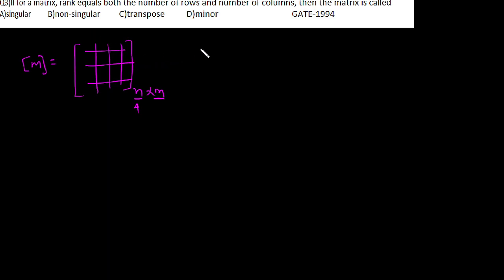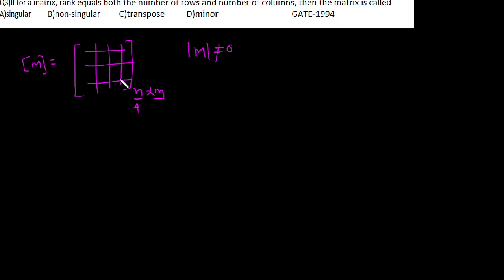So we know from the property of determinant, if all the rows of any determinant are linearly independent, then the determinant of that matrix will always be not equal to 0. So whenever we get the full rank for any matrix, that means all its rows and columns are linearly independent.